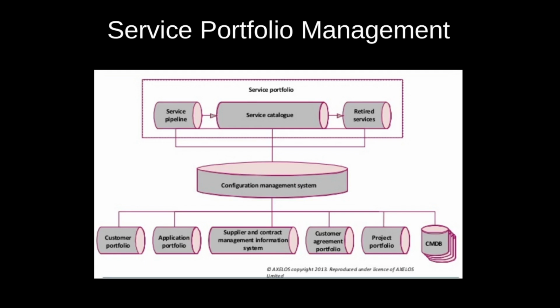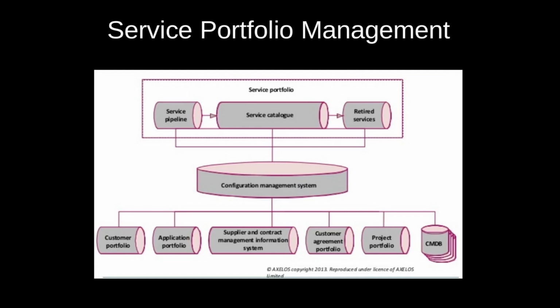A customer agreement portfolio is a list of service level agreements and contracts with clients. The project portfolio is upcoming work that's going to come into or out of the service pipeline. These are oftentimes shared over long planned roadmaps.